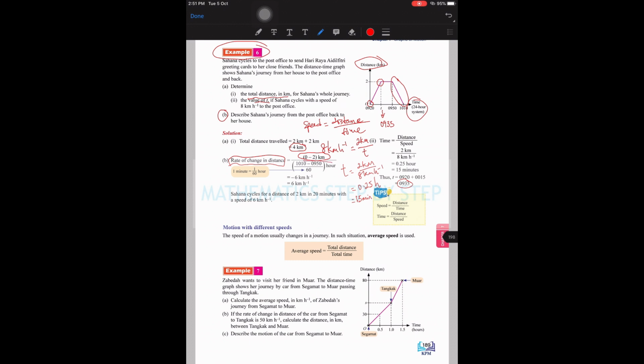Then the time taken is 20 minutes, which we convert to hours as 1/3. So we can write 2 km over 1/3 hour is equal to negative 6 km per hour. Again, negative represents the opposite direction in this case for a distance time graph. So the speed is 6 km per hour.